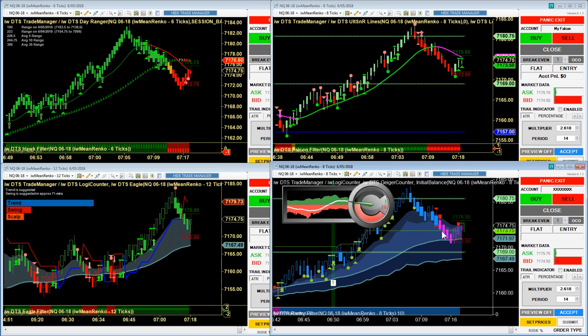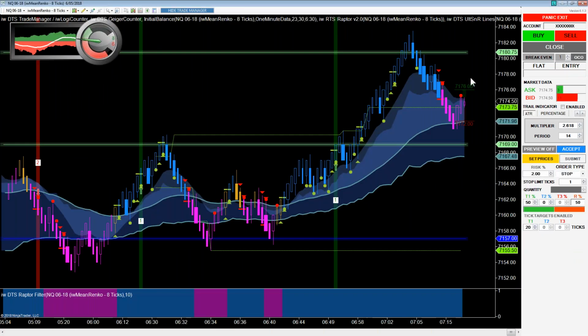What I would like to see is a little bit of a rally, a test of the extreme, so a retest of the high, and then a failure. What that will do is it will corner the market so that we can either sell below the low or buy above wherever that swing high turns out to be.